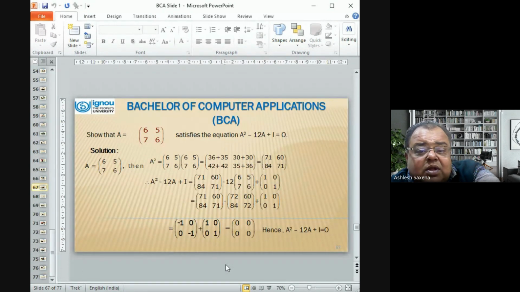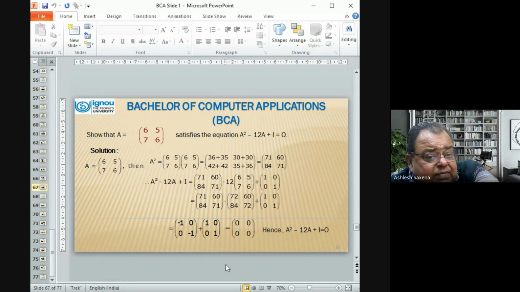Now, going back to the question, that is A square minus 12A plus I. I will be writing everything in the same order in which the question has been asked. It will be 71, 60, 84, 71. That is the value of A square, minus 12 of A, plus the identity matrix of order 2 by 2, that is 1001.